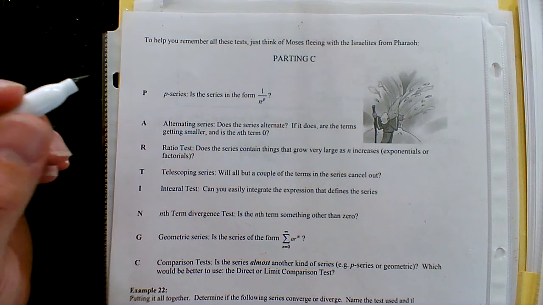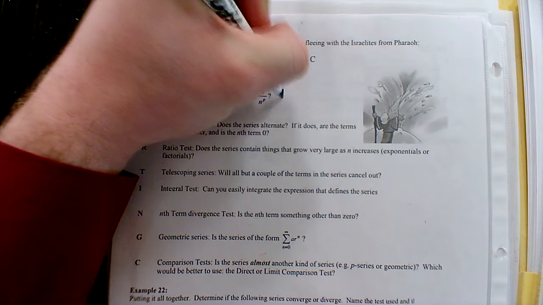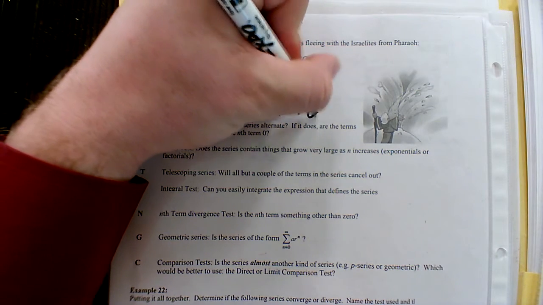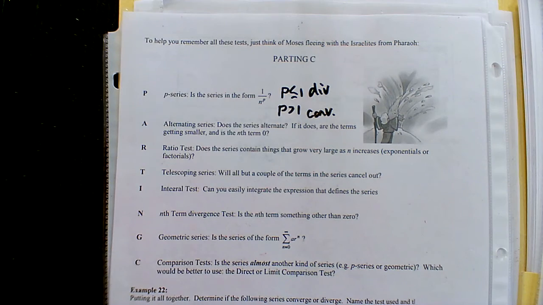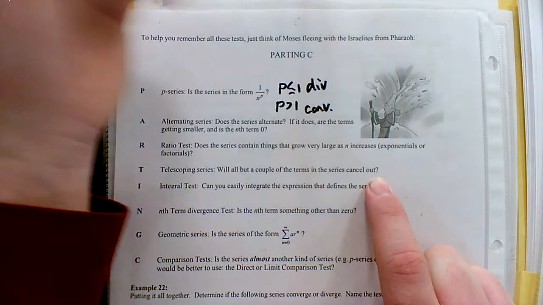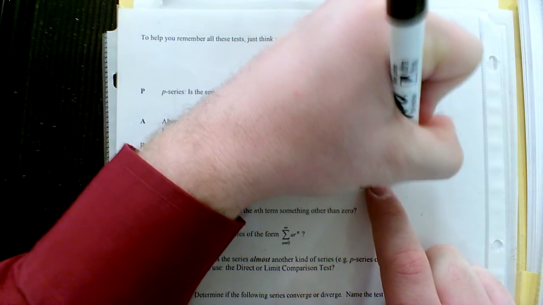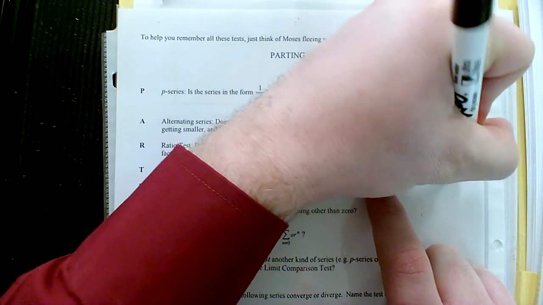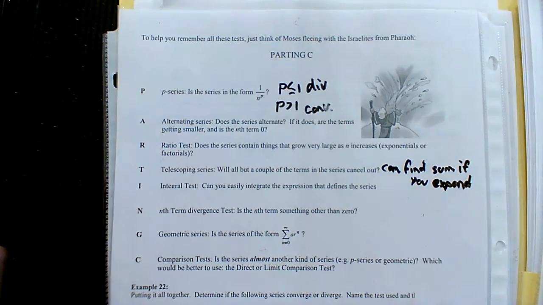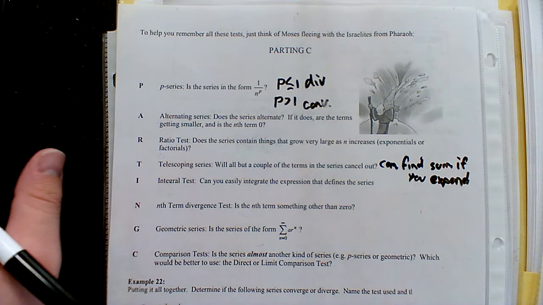All right, so for the P series, remember if P is less than or equal to 1, diverges. P is greater than 1, converge. So just a few notes for some of these. For the telescoping series, you can find the sum if you expand. So if you expand it and you cancel out your terms, you can find the sum.